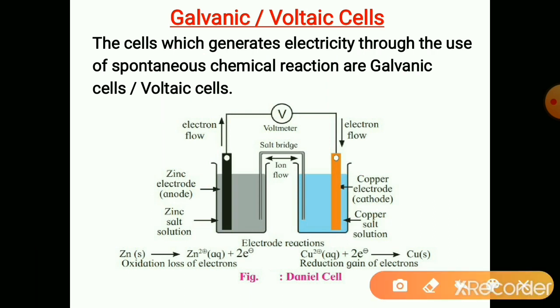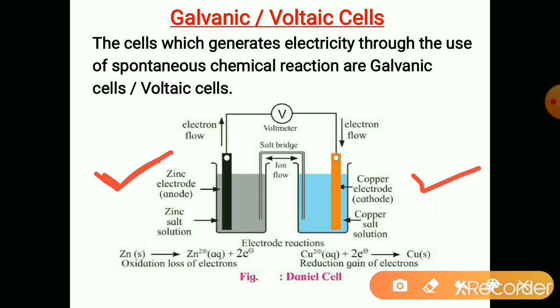Here two vessels are there, a left hand side vessel and a right hand side vessel. In the left hand side vessel, a zinc strip is dipped in its salt solution, or its ionic solution.